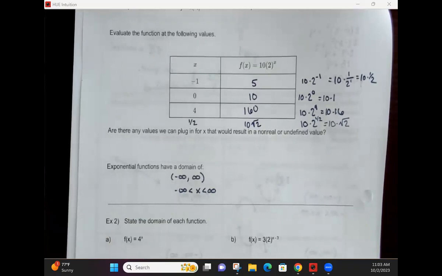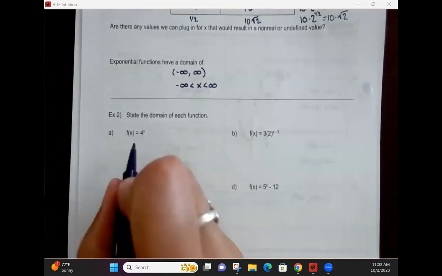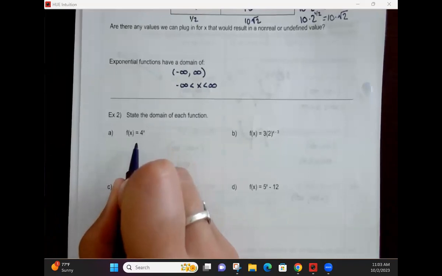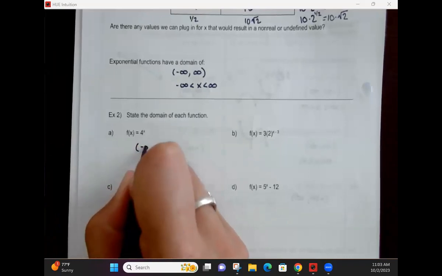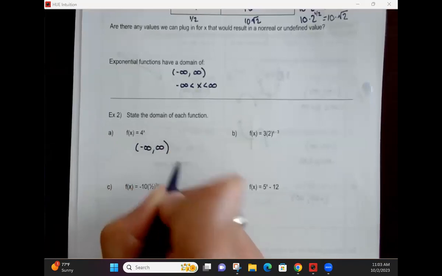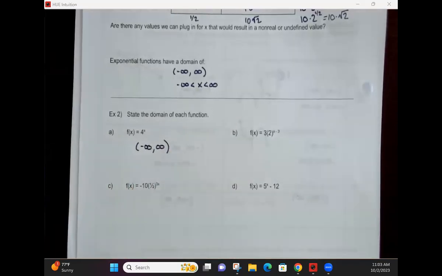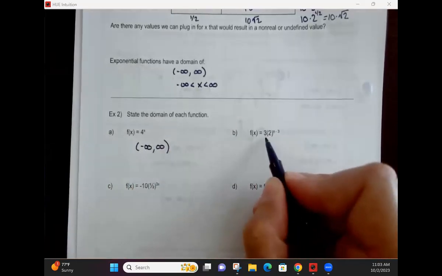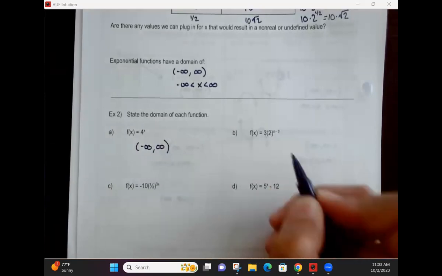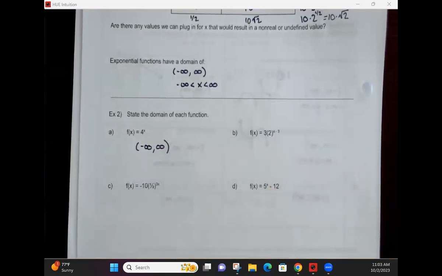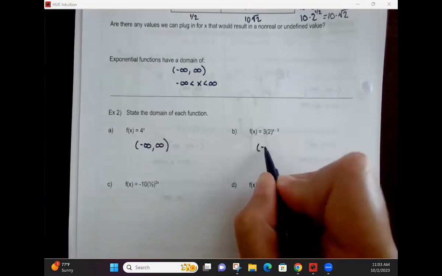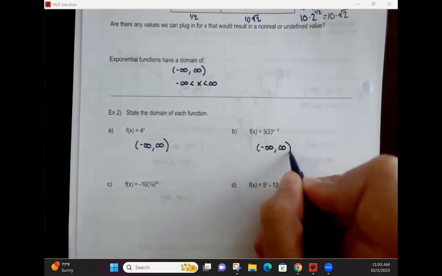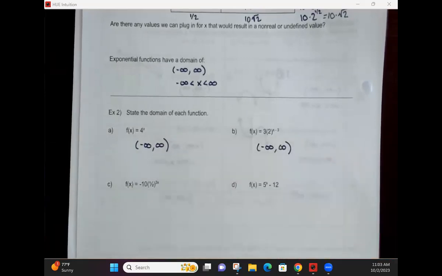So as we look at our example problems down at the bottom, exponential function 4 to the x, its domain, negative infinity to positive infinity, all real numbers. A little bit more complicated here. I multiply by something in front. I've got something else in the exponent. It's still an exponential function. Its domain is still all real numbers, negative infinity to positive infinity.